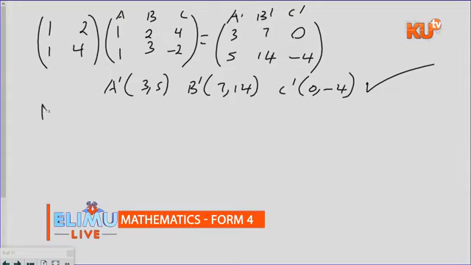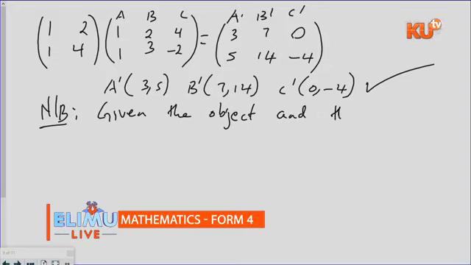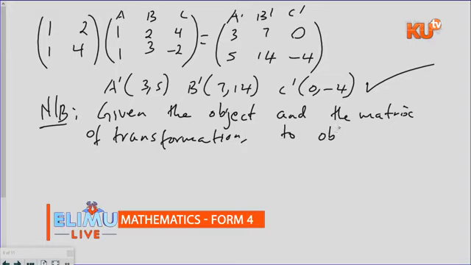That is our first note. You should have noted that, given the object and the matrix of transformation, to obtain the image, you do pre-multiplication.